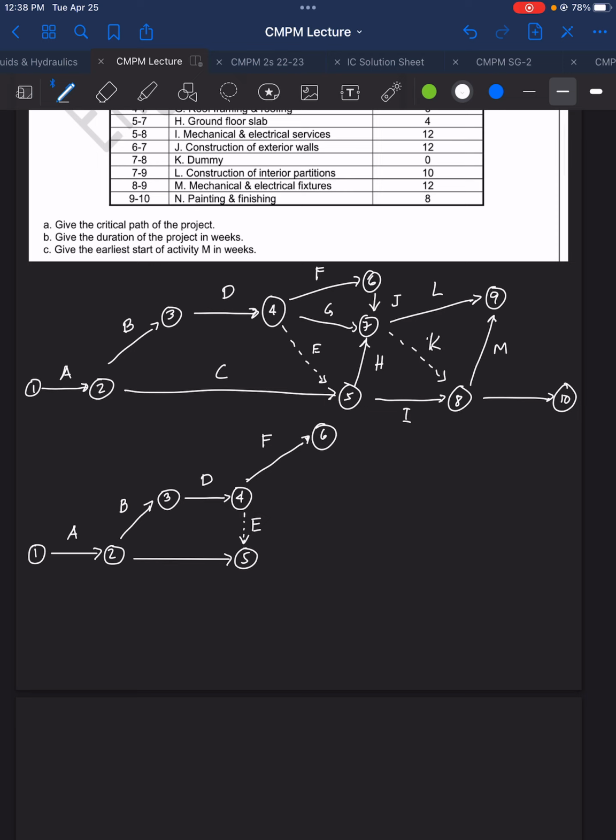So let's put here 7. And then 5 to 7 for H, and then 6 to 7 for J. 7 to 9 for L. And then 5 to 8, so let's put here 8.